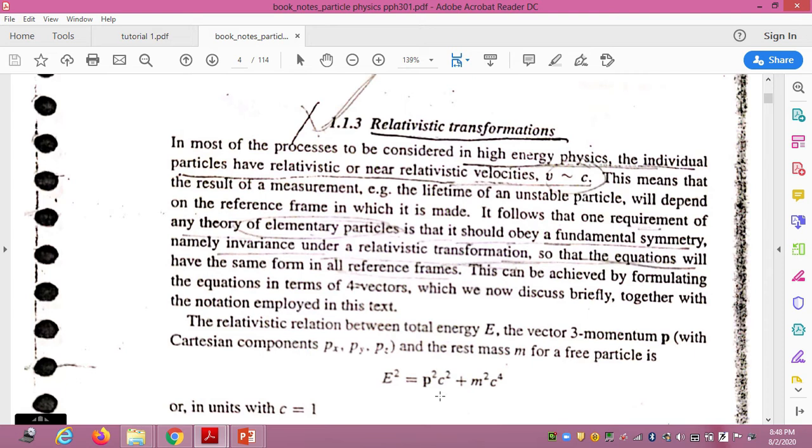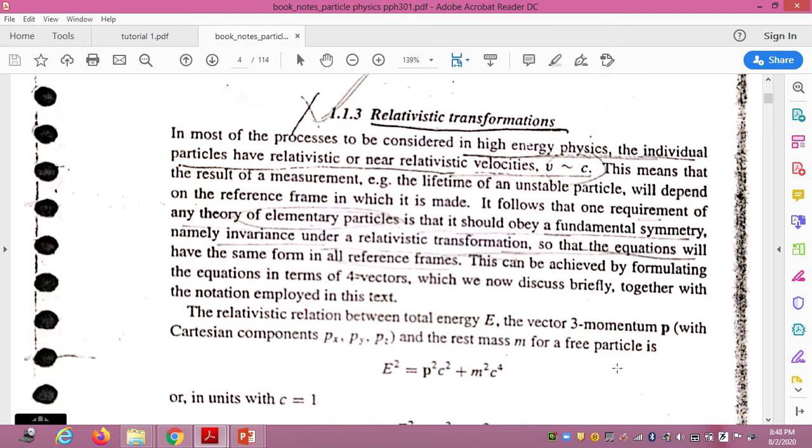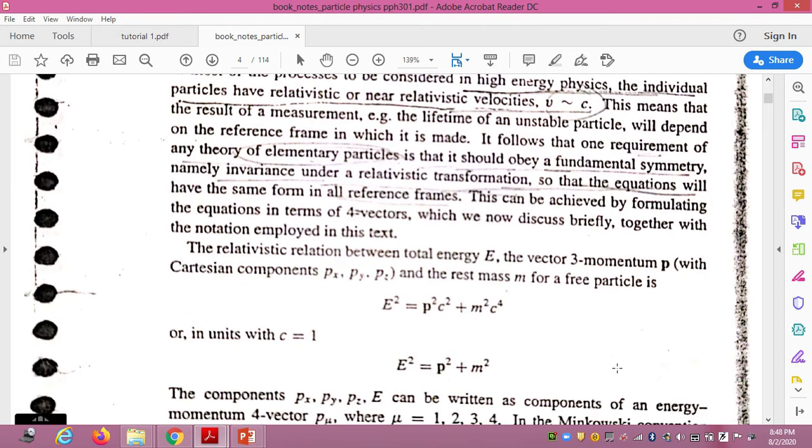Here, the momentum is a three vector momentum. You can say that it has the components px, py, and pz. Okay? And this energy is the fourth component of the momentum vector. Okay? So once we combine energy with momentum, the momentum can be called the four vector momentum. We're just going to see it.